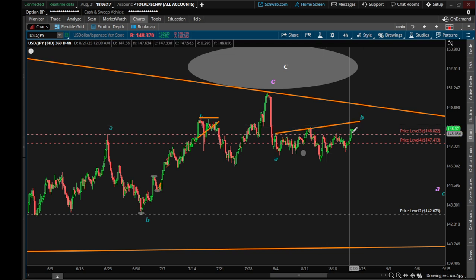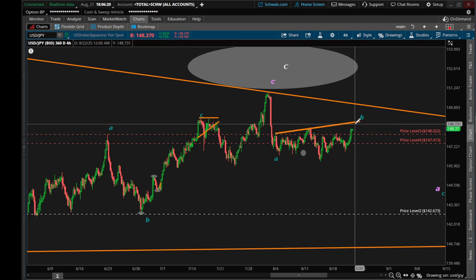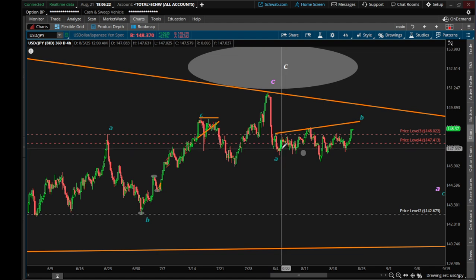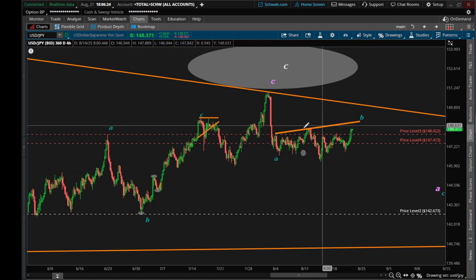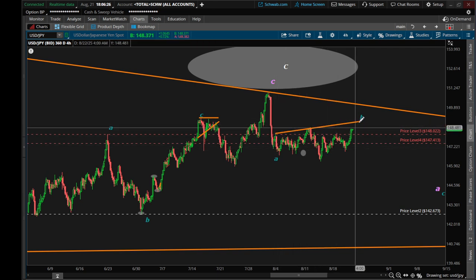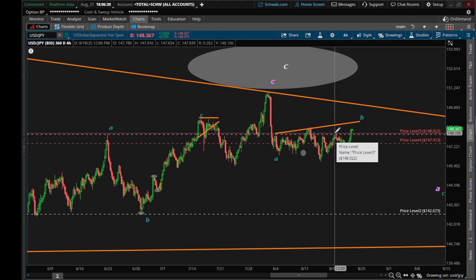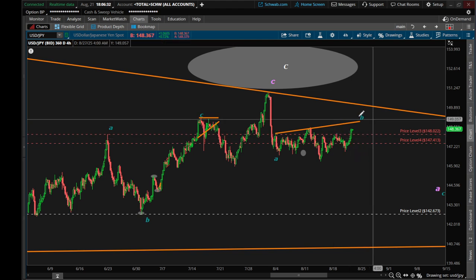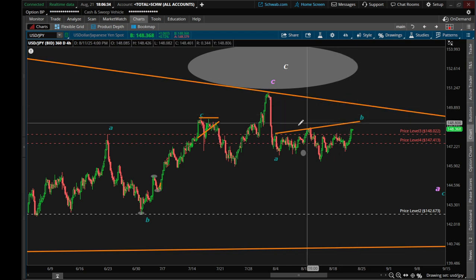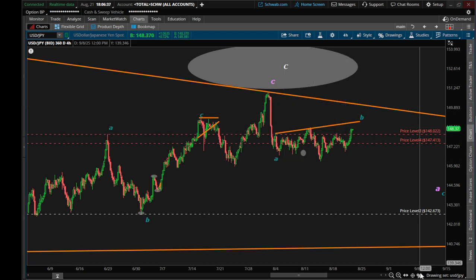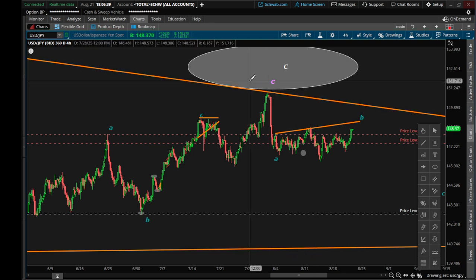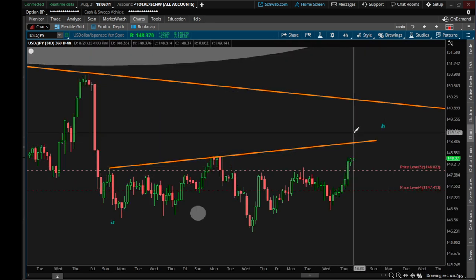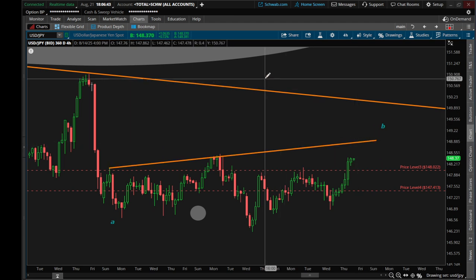Right now I'm thinking this B leg could be just a regular flat, just an A, B, and a C to finish, or there might be a triangle pattern in here. It doesn't really matter. We're going to use this trend line and maybe this trend line if it is a triangle, and we're going to use our retracements to find a stopping point for this B leg.